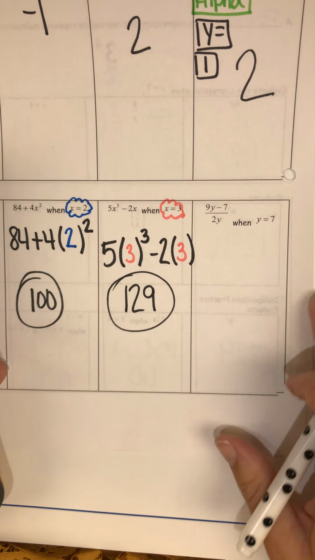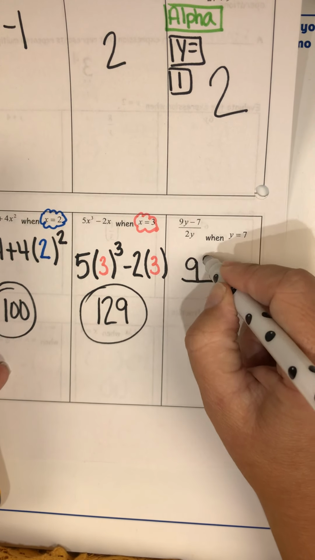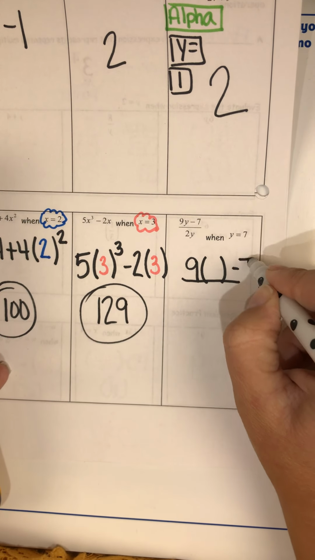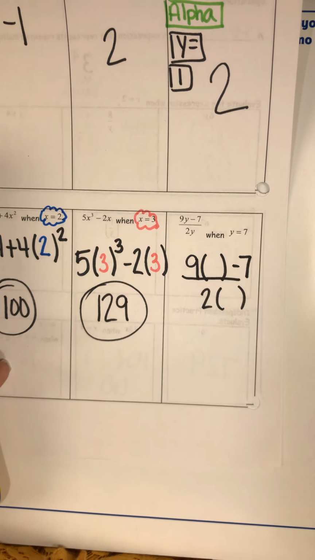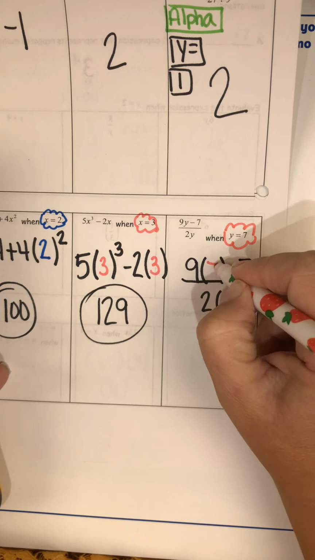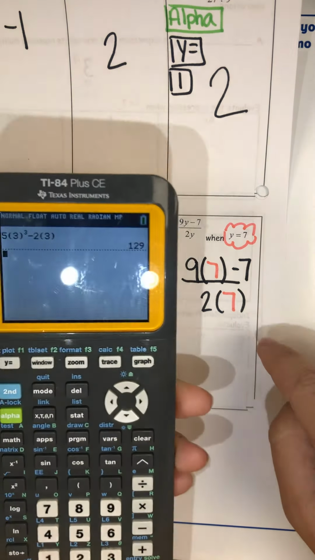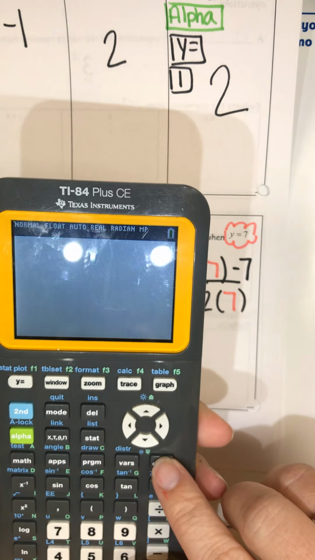All right, the last problem. It's a big fraction, so I'm going to first write it out. Instead of writing my y's, I'm using my parentheses. And then I'm going to plug in the numbers for y. So that's a 7. Now it's a fraction. I'm done writing everything. I need to figure out how to type it into my calculator.